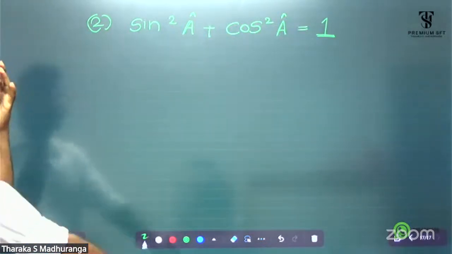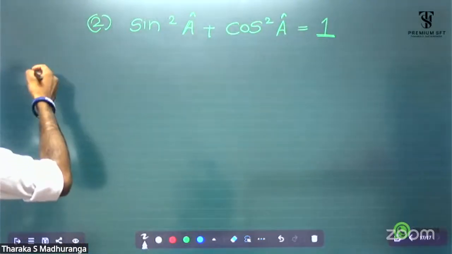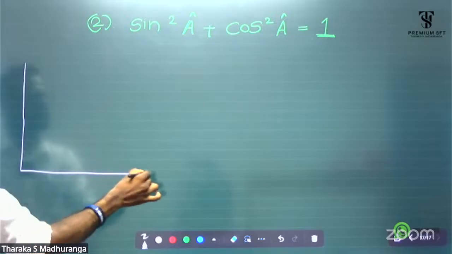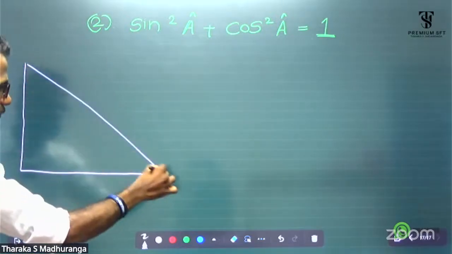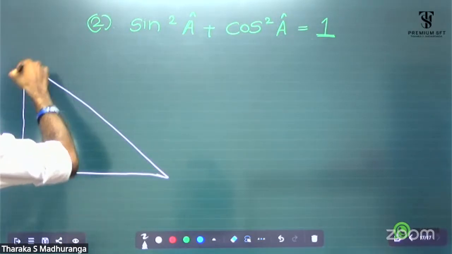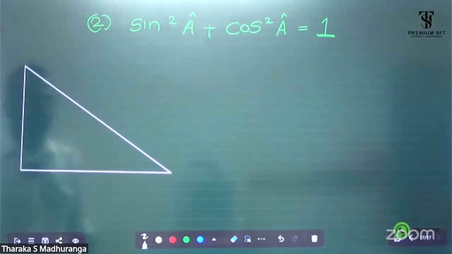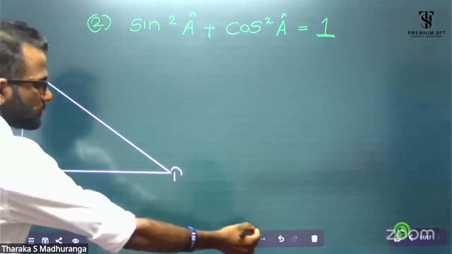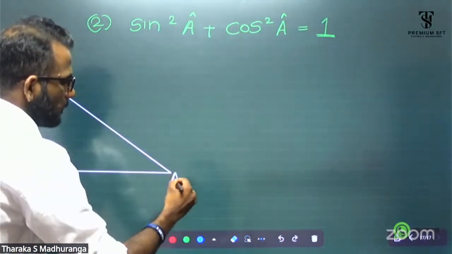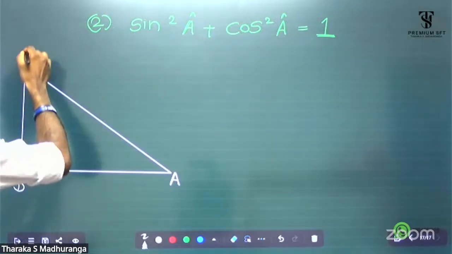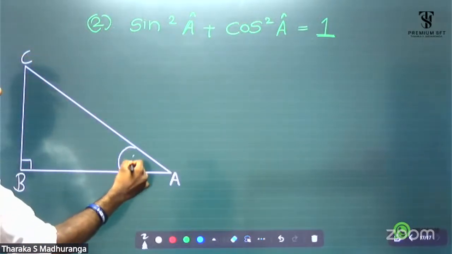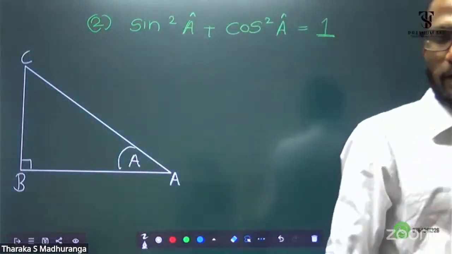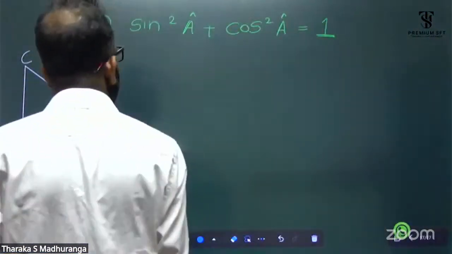Okay, how can we prove this? Let's draw the same standard right angle triangle. This is A, B, and C. This is the angle A. Any idea to prove this?